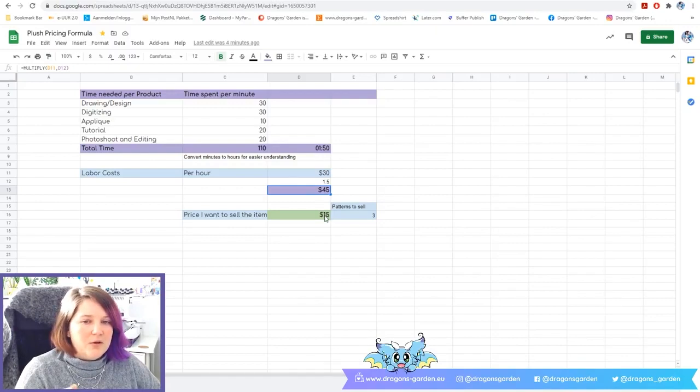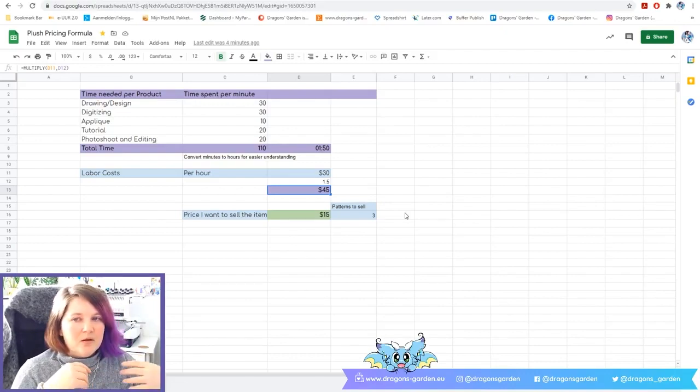But because I want to keep it affordable and I want to sell it for $15, this means that I have to divide the price, so I have to sell at least 3 of those patterns to justify the price for myself, in order to make the money back for the time that I invested into it. Sometimes it goes well, sometimes it doesn't, but it's about trying to balance the speed and the rest.